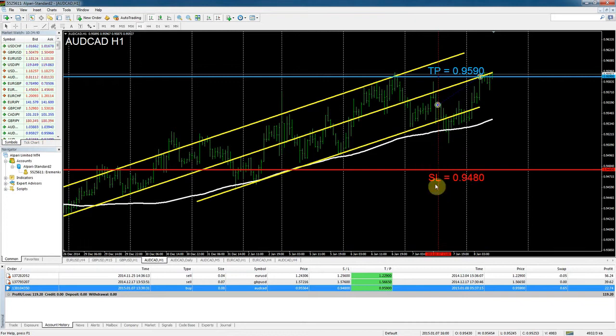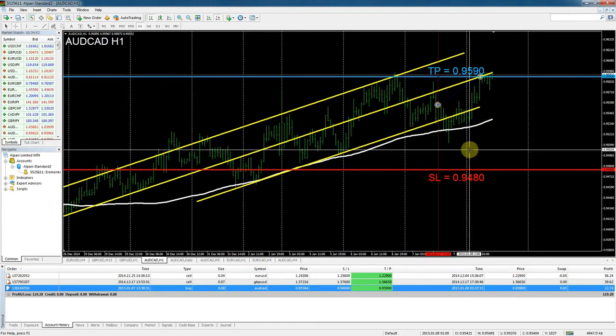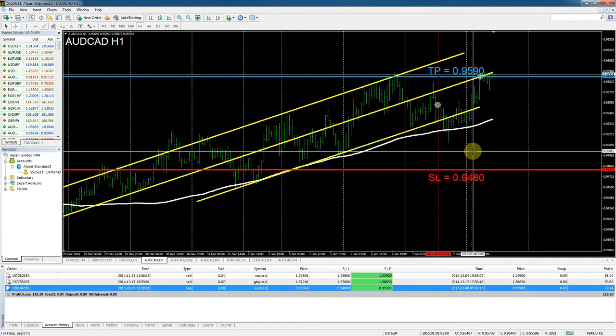As you can see, the stop loss was also protected by the moving average. So not only the channel border and the 0.95 psychological resistance level were protecting the stop loss, but also the moving average was.